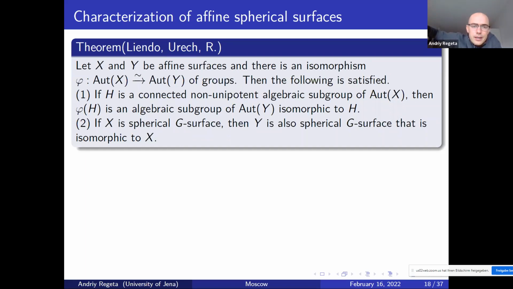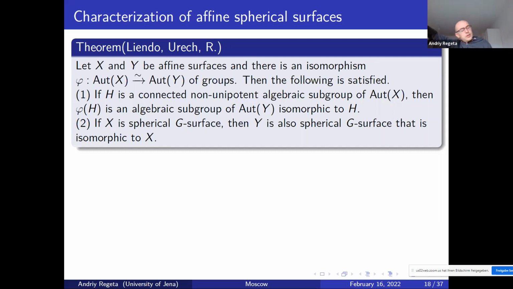If H is a connected non-unipotent algebraic subgroup of Aut X, then its image is again an algebraic subgroup of Aut Y, isomorphic to H. Note that for unipotent algebraic subgroups, this is not true. If X is a spherical G-surface, then Y is also a spherical G-surface that is isomorphic to X.